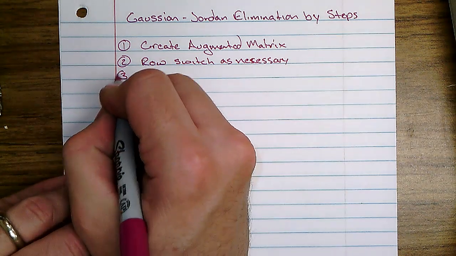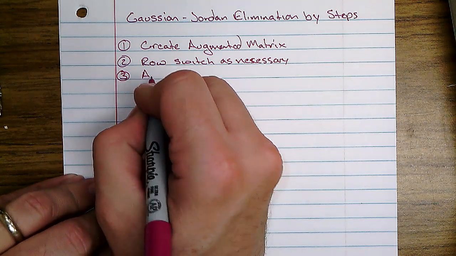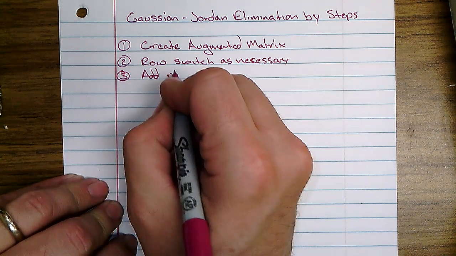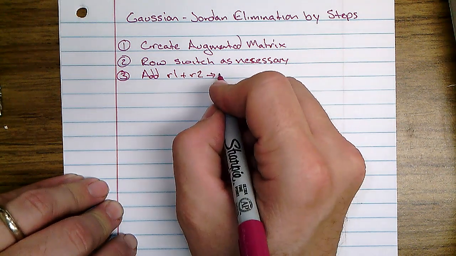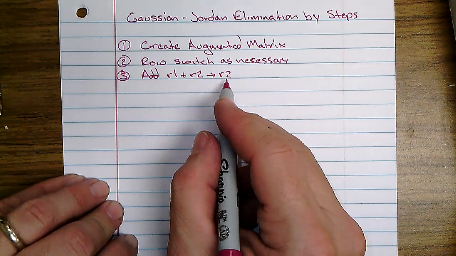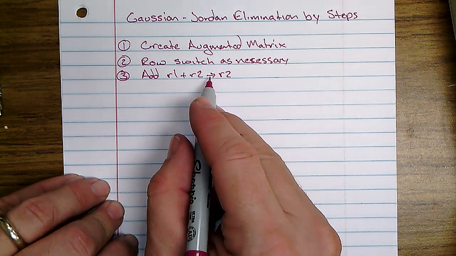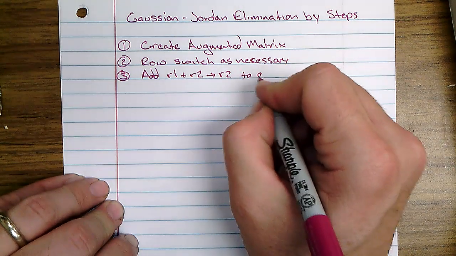Then our first major step, step 3, we add row 1 plus row 2 and put it into row 2, doing any multiplication necessary to cancel the first variable.